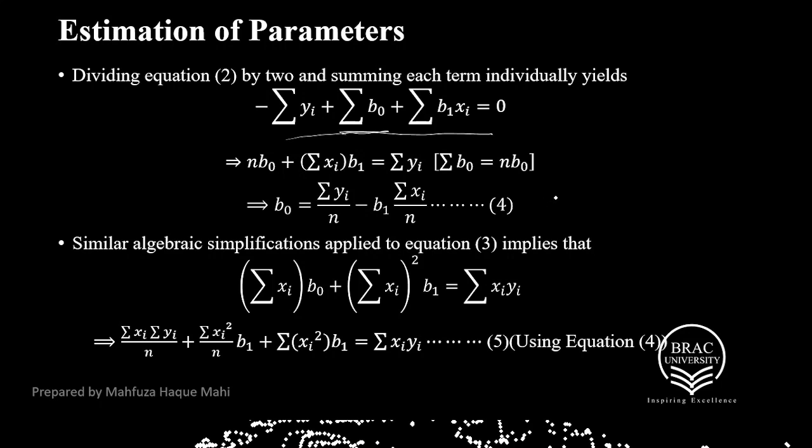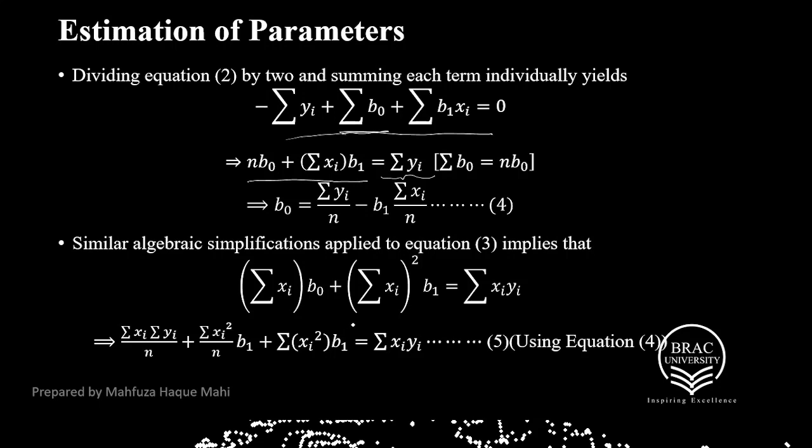So we put summation of b0 equal to n b0 in the equation, and take the term minus summation of yi to the right hand side. What we get is, on the left hand side, n b0 plus summation of xi b1, and on the right side, summation of yi.